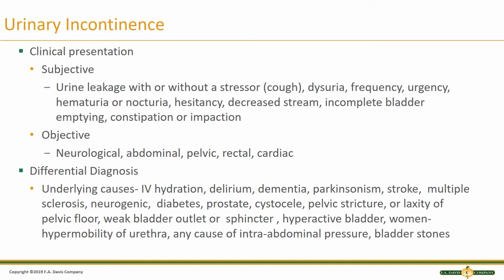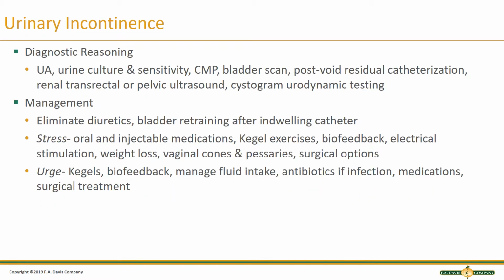So all of those could be your potential diagnoses, and it's your responsibility to systematically approach the subjective and objective data collection for your patient presenting with urinary incontinence to be able to determine what the most likely diagnosis is.